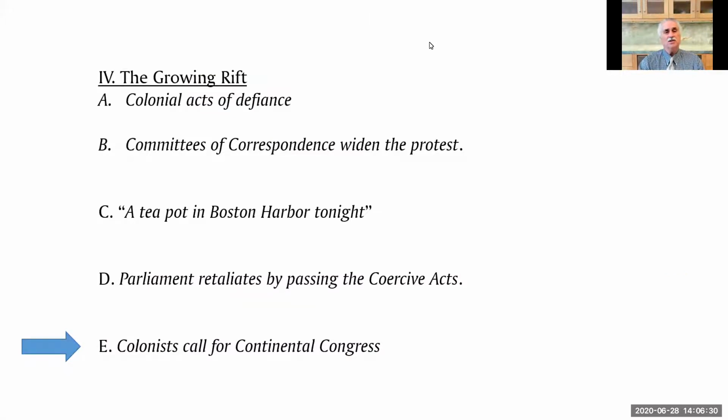In response to the Intolerable Acts, the town meeting of Boston sent out a circular letter to committees of correspondence around the country, asking that a Continental Congress be assembled in Philadelphia.